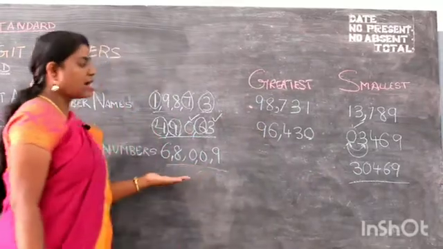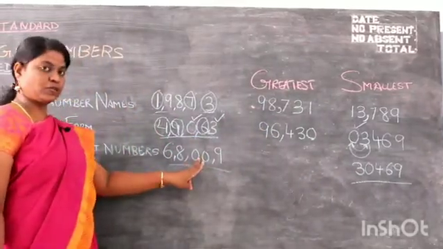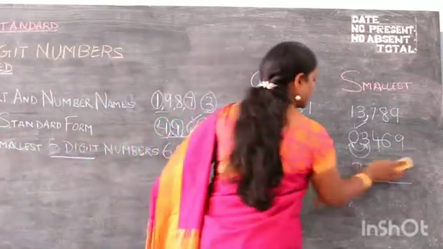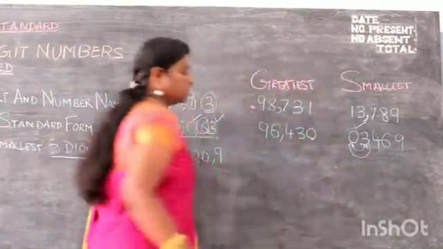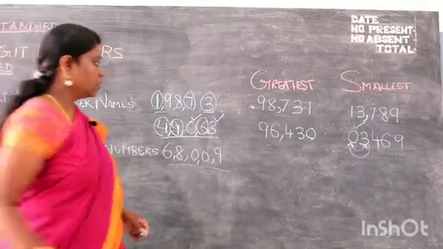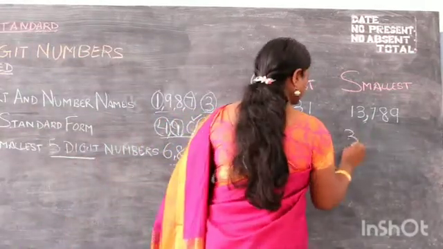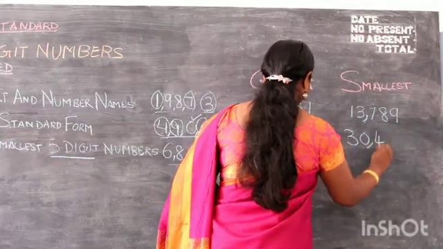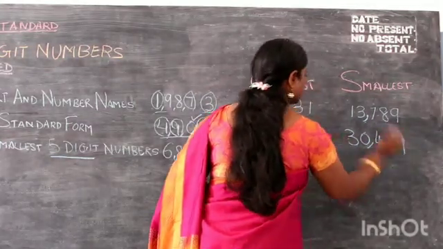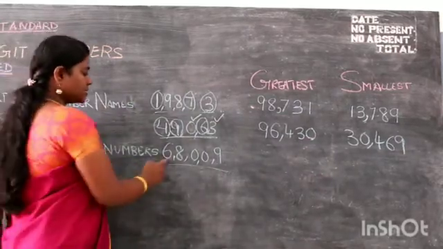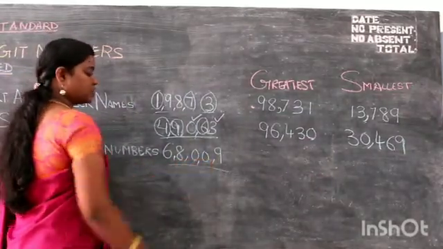Now we'll do the last example which has 2 zeros, so that you understand how you're going to do it. Now this number, 68009, which is the biggest?